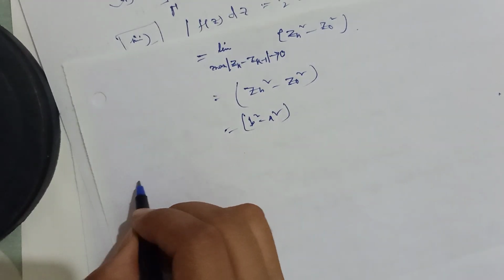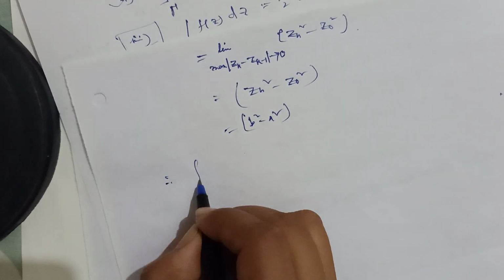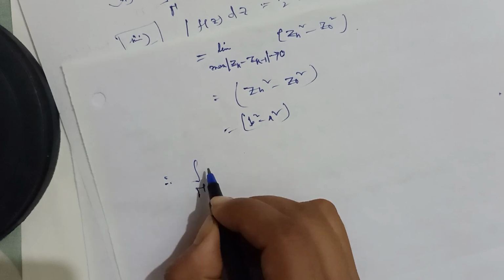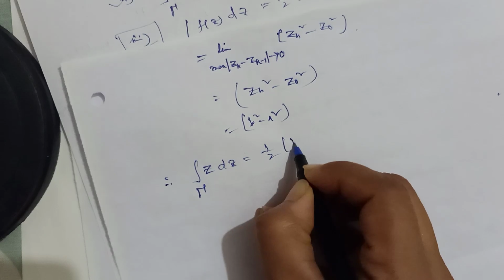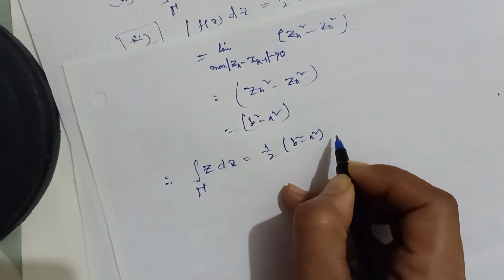So ultimately we obtain the integration over gamma z dz equals half of (v square minus s square), okay.